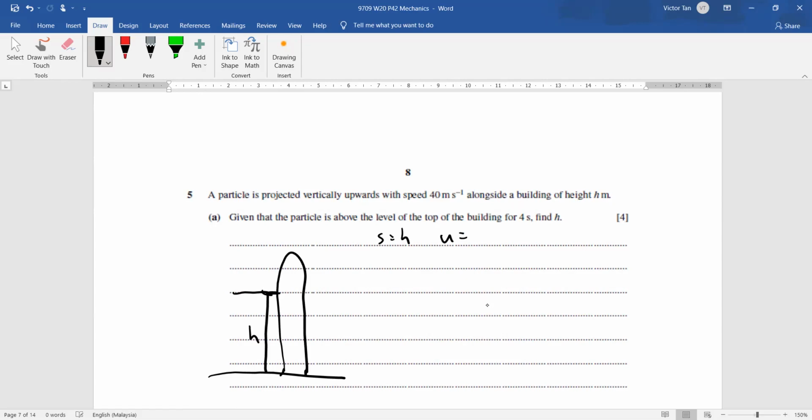The initial velocity is 40. The acceleration is minus 10.